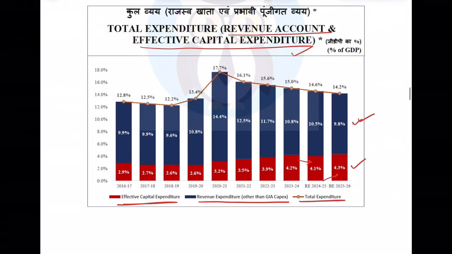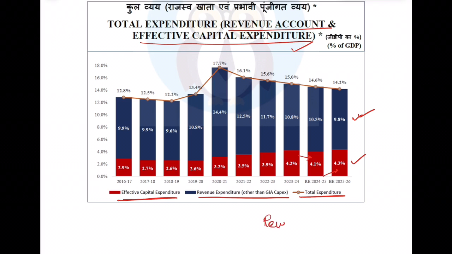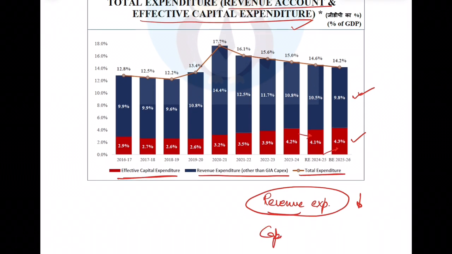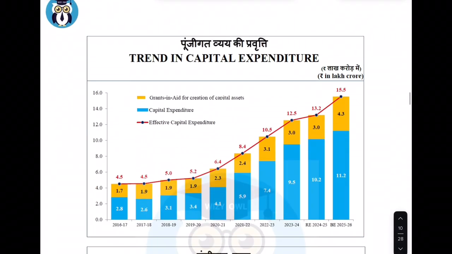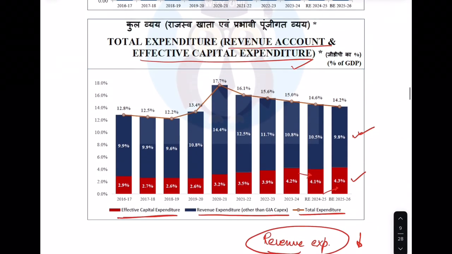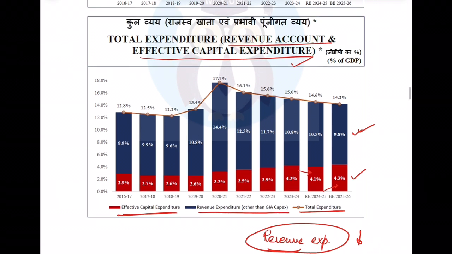So what we have talked about, that revenue expenditure should be decreasing, and capital expenditure should be increasing in nature for a good economy. And this is what we can see, that the revenue account is decreasing regularly, but the effective capital part is increasing, and it should be increasing.